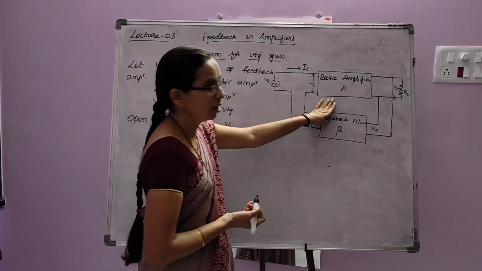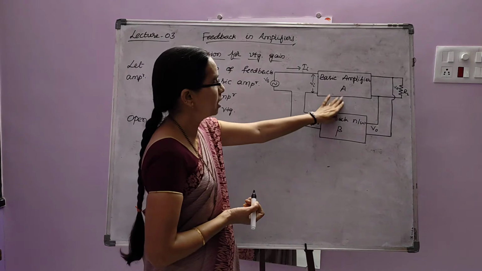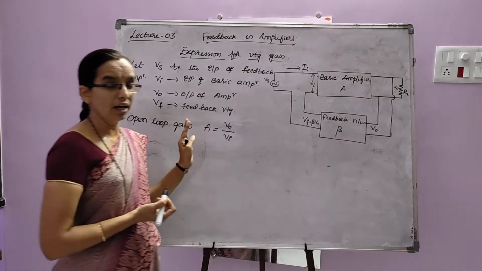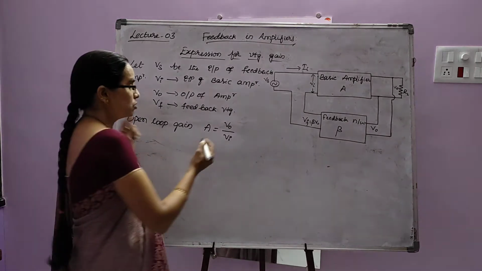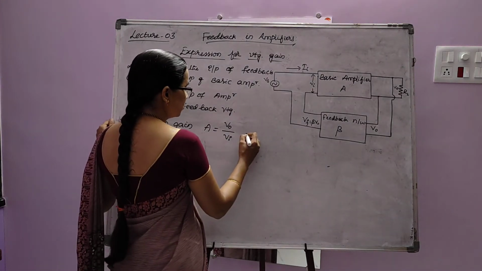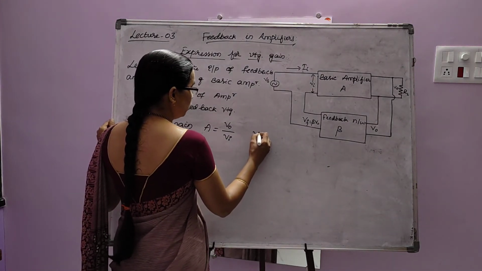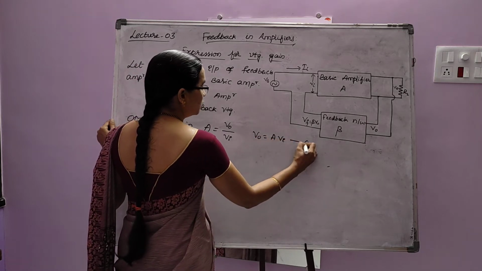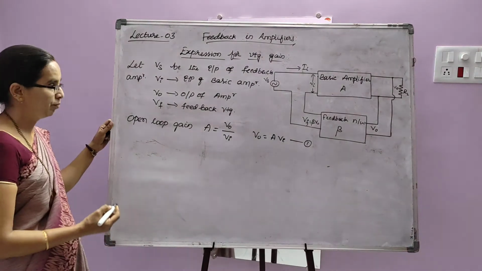Only for the basic amplifier, the gain of the basic amplifier is A, decided by V0 by Vi, that is before feedback. So it can also be written as V0 is equal to A into Vi. Call this equation number 1.